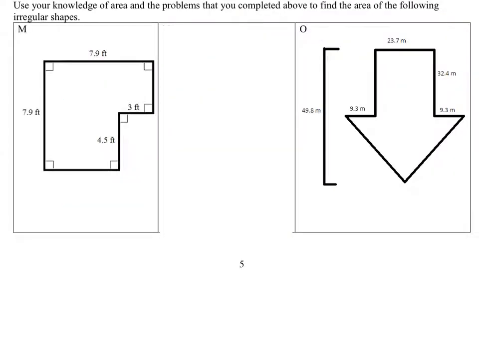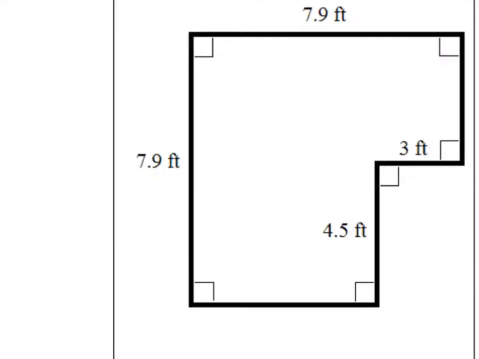Use your knowledge of area and the problems that you've completed above to find the area of the irregular shapes. All right. Well, I'm going to cut this up into 2 separate rectangles. That's 4.5. All right, now we've got to find some of these other lengths. So the 7.9 has been cut up because this is 4.5.